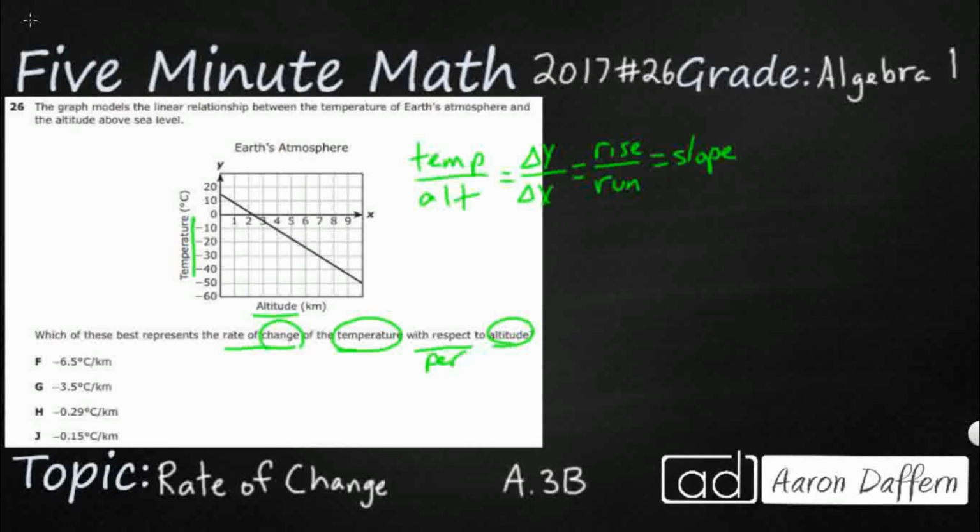I'm looking for 2 points that are right on an intersection, and the only one that seems close, I don't know if it's 100% right on that line, so I'm going to have to estimate.